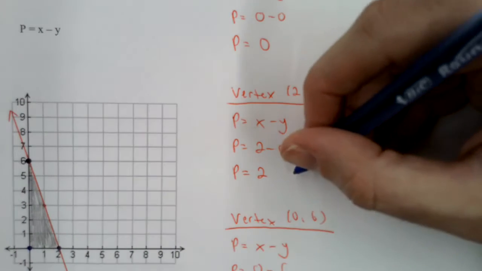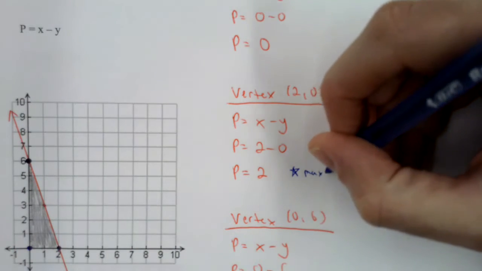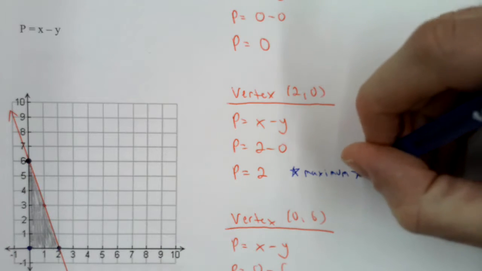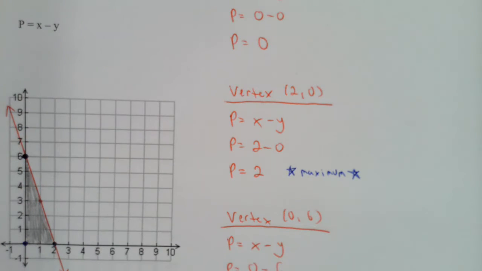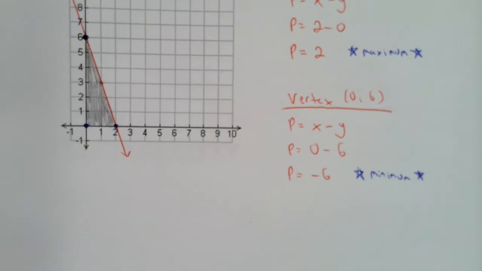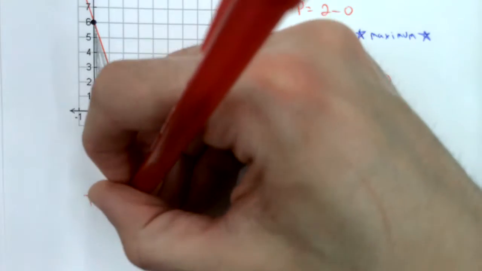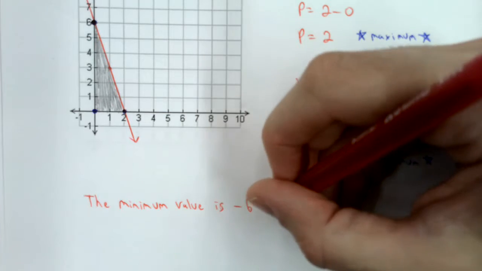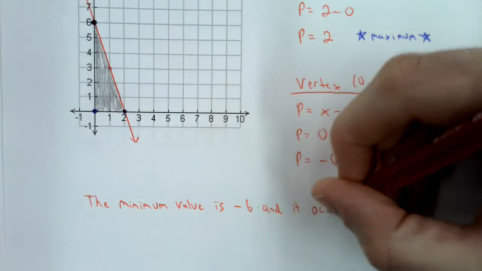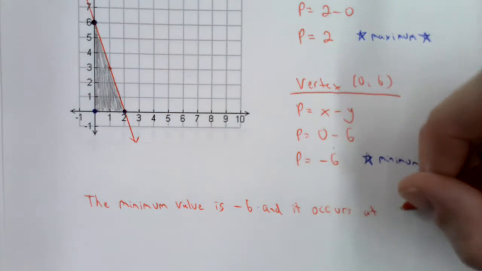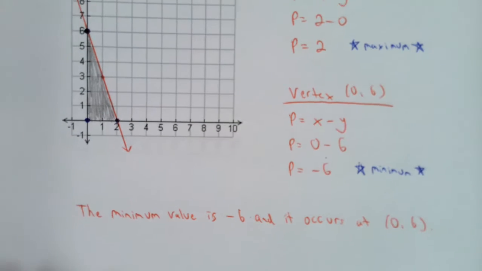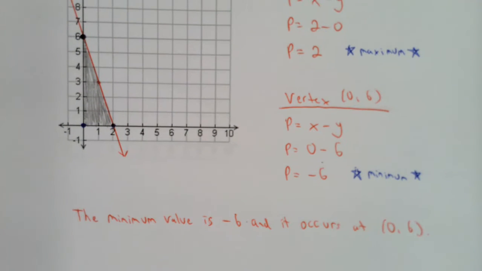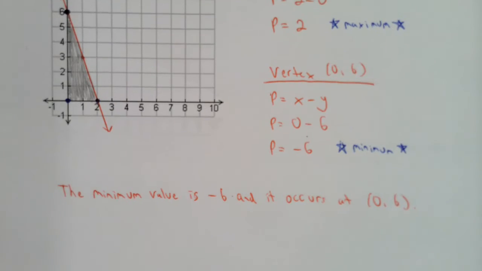And 2 is actually our largest one, so that's the maximum. So then let's put that in a sentence. The minimum value is negative 6, and it occurs at 0, 6. And the maximum value is 2, and it occurs at 2, 0.